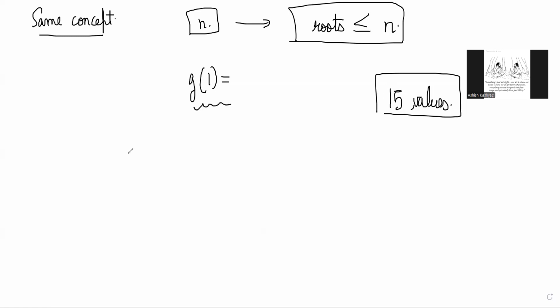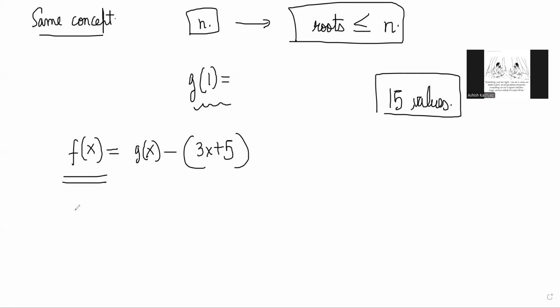Why? Because if you construct a function f of x equal to g of x minus (3x plus 5), what is known about this now? F of 1 is 0. F of 2 is 0. And f of 15 is also 0, right?